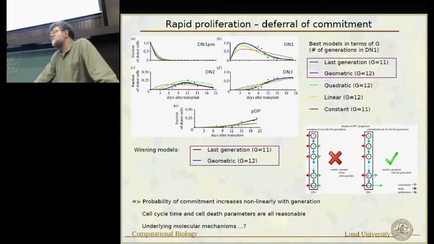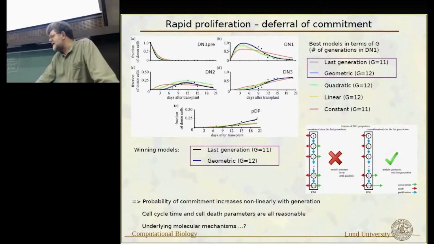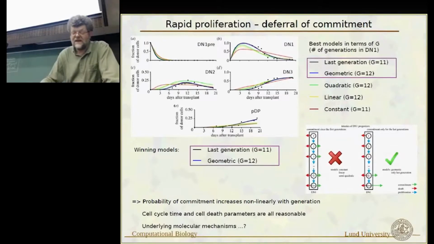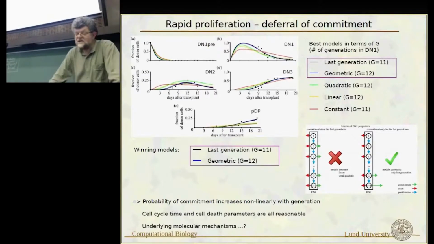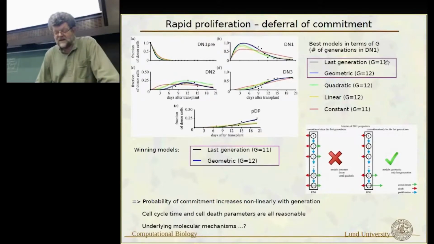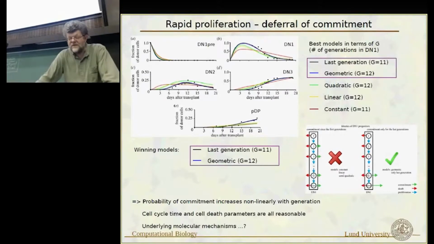There are other parameters here, like cell cycle times and cell death parameters. They are all reasonable, I would say, as they come out of the fits, because that's another thing you have to check. The whole thing I have summarized in this graph is that it's not that you commit as you go along generation to generation, but you commit in the very end.